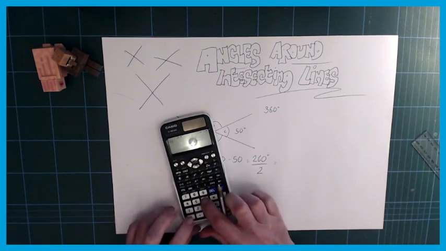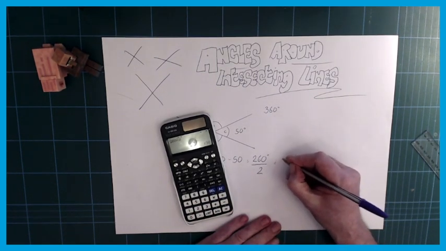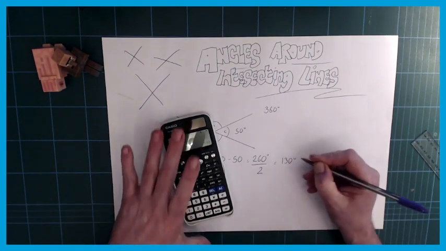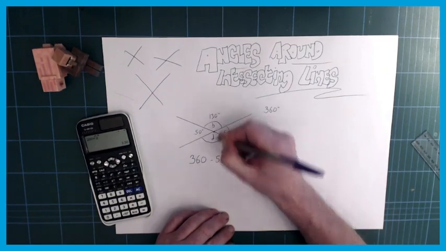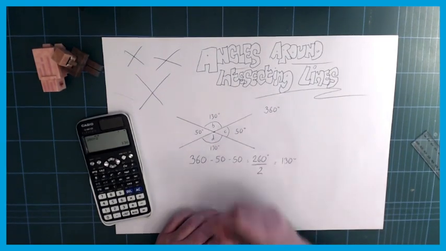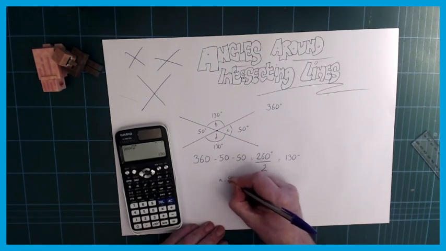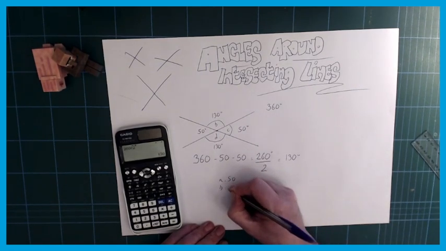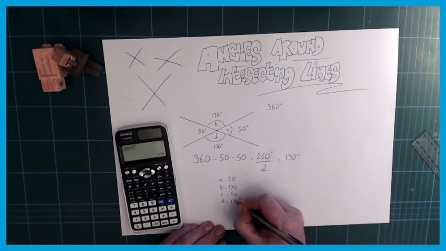That'll give you 130. So each of these angles will be 130 degrees. So A equals 50, B equals 130, C equals 50, and D equals 130.